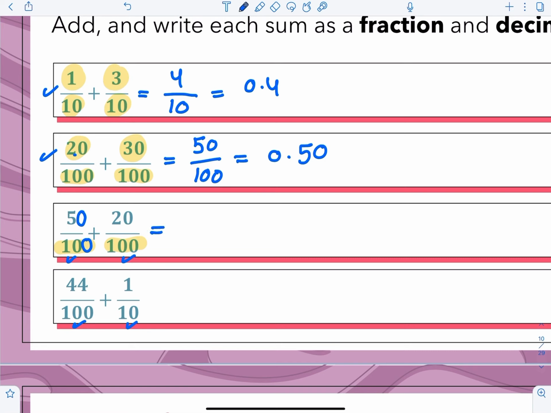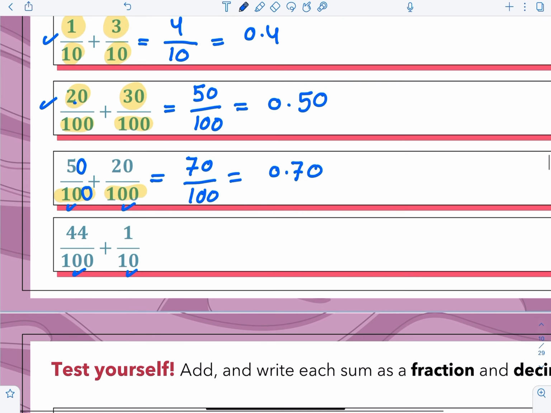Now you have 50 plus 20, this is 70 over 100. Okay, so as a decimal, this is 0.70. Also here, I have 44 over 100 and I have 1 over 10. So I must add a 0 here and a 0 here. So now I have 44 plus 10, this is 54 over 100.